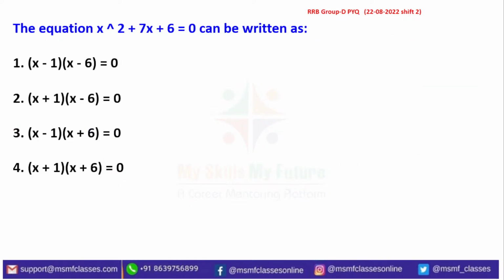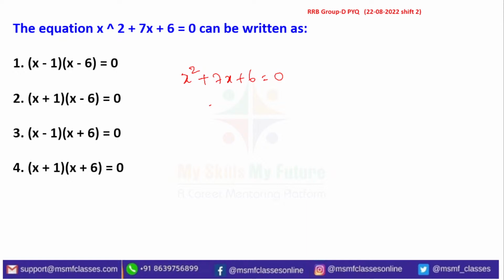Next question. The equation x square plus 7x plus 6 is equal to 0 can be written as. Checking the options takes some time, so I will give a simple technique.